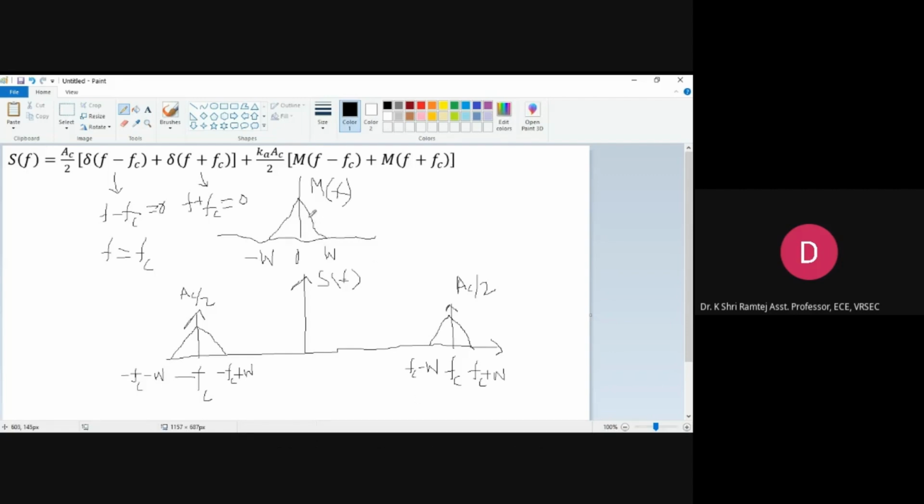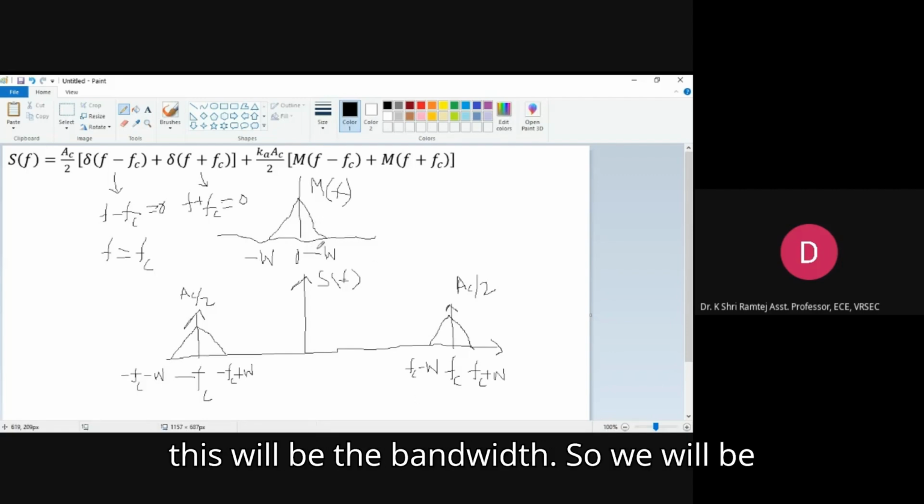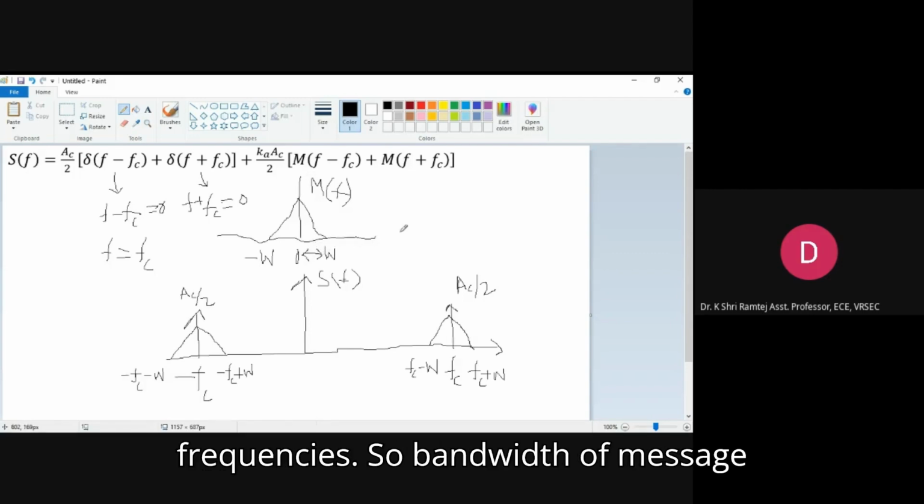In order to calculate the bandwidth, we will be calculating for only positive frequencies.